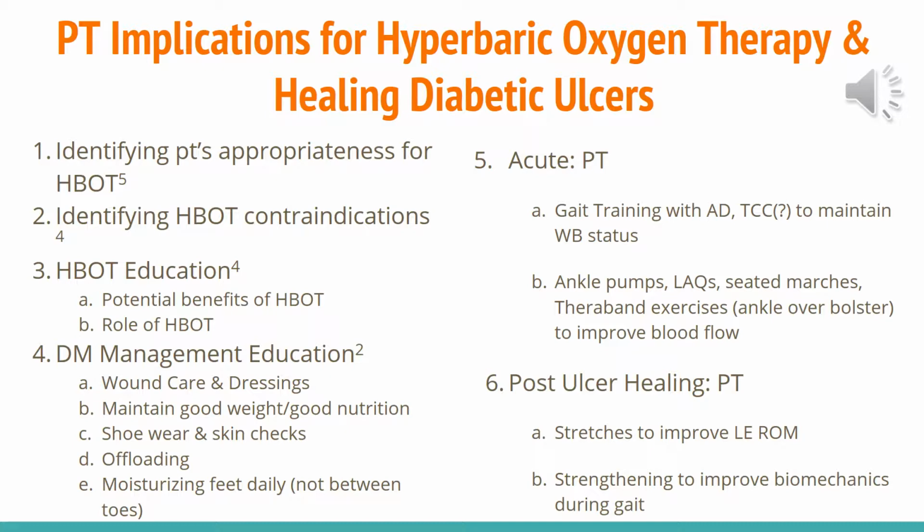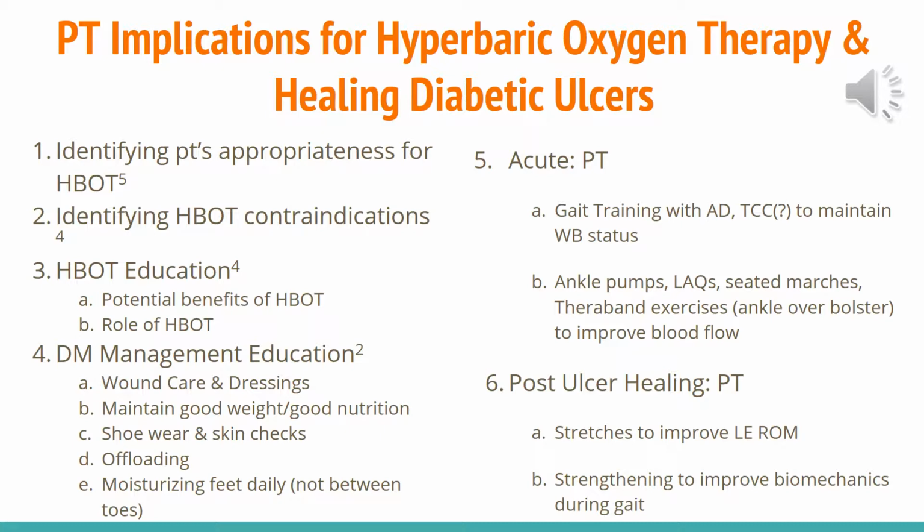We also provide education on the therapy, its potential benefits, side effects, and its role in the healing process, and patient education on diabetes in general: wound care and dressings, maintaining good weight, good nutrition, making sure their glucose levels are in check, proper shoe wear, skin checks, things like that.